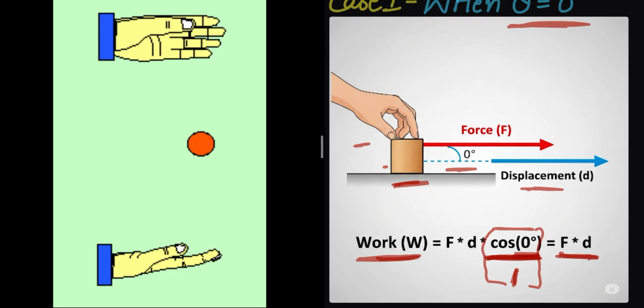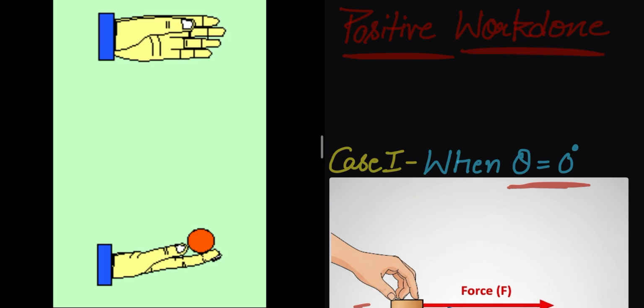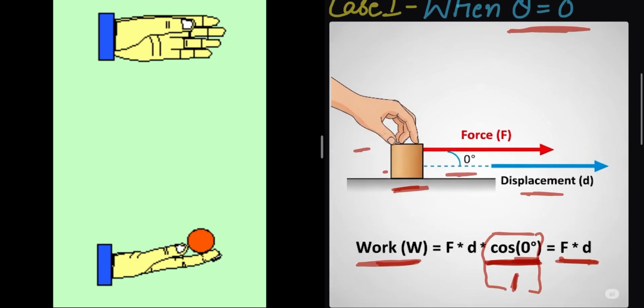So this is called positive work done. What do we call this first case, students? Positive work done. Types of work done, I told you the heading. The first type is positive work done. So what is positive work done, students? Positive work done means when the angle between force and displacement is 0, or we can say the direction.